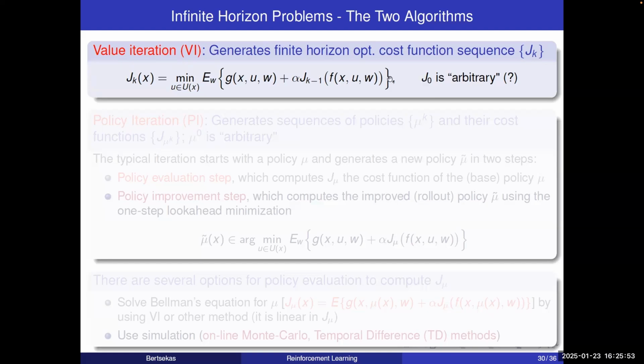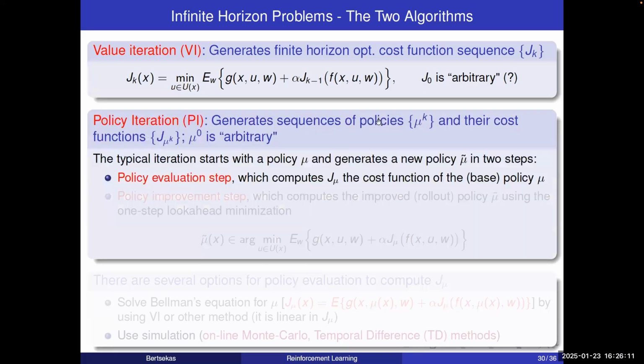But in many problems, J0 can be arbitrary. So starting from some arbitrary J0, you perform this iteration, and it's going to converge to J star, but not always. So still some conditions are required.